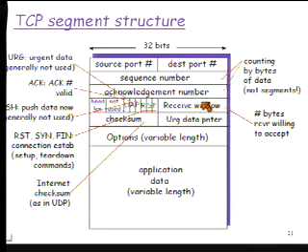There is a field called receive window. Receive window indicates the number of bytes a receiver is willing to accept. So the receive window also gives an indication of how large the buffer is at the receiver end.